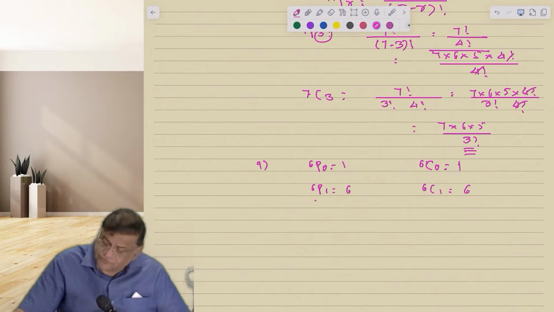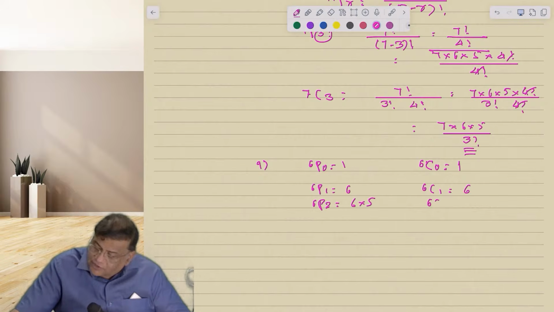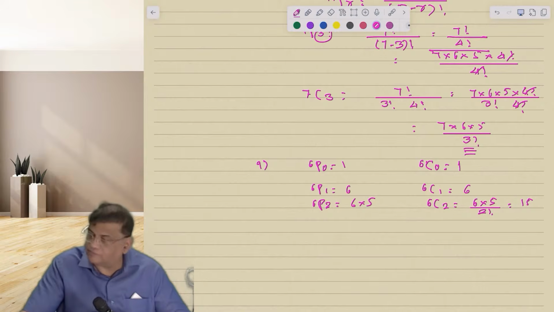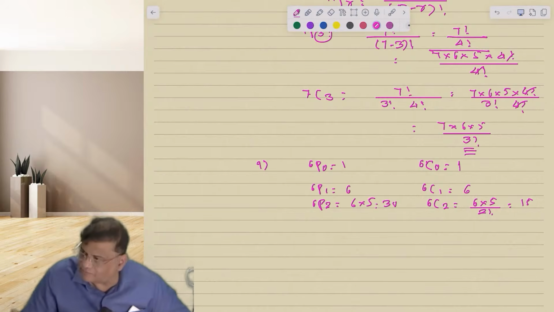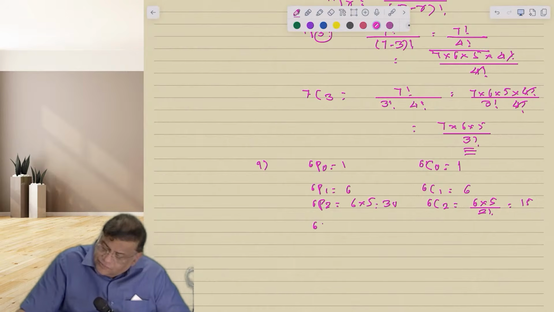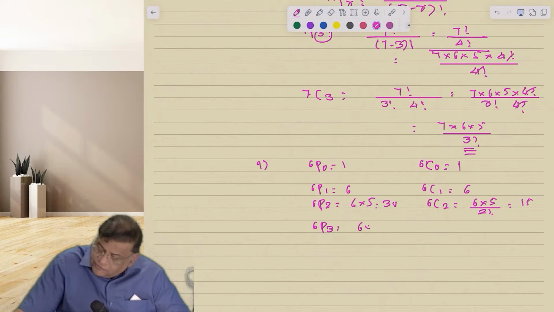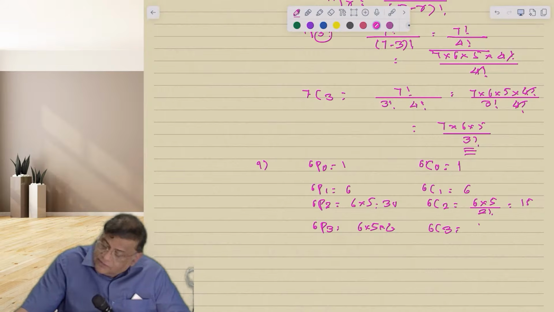But if I ask you what is 6P2, then it is just 6 into 5. But 6C2 is 6 into 5 over 2 factorial, which is equal to 30 upon 2, which is 15. It is just 30, and that is divided by 2 factorial. If I ask you 6P3, then it is 6 into 5 into 4, whereas 6C3 is 6 into 5 into 4 divided by 3 factorial.